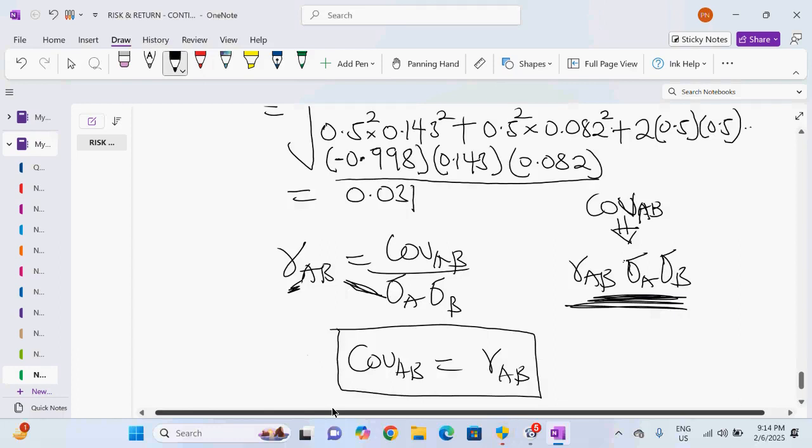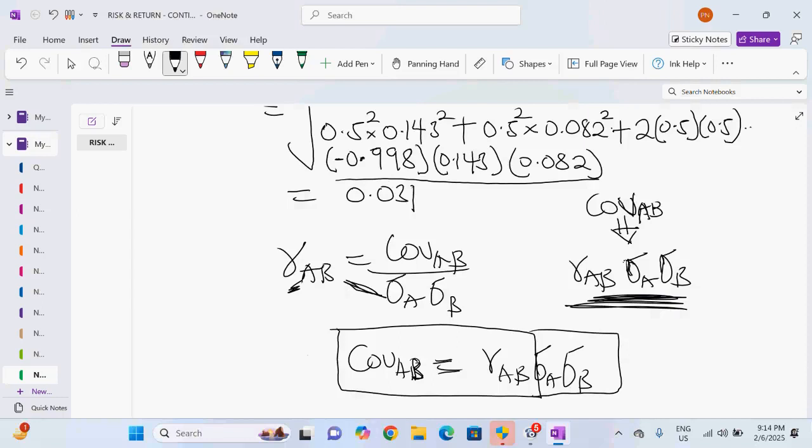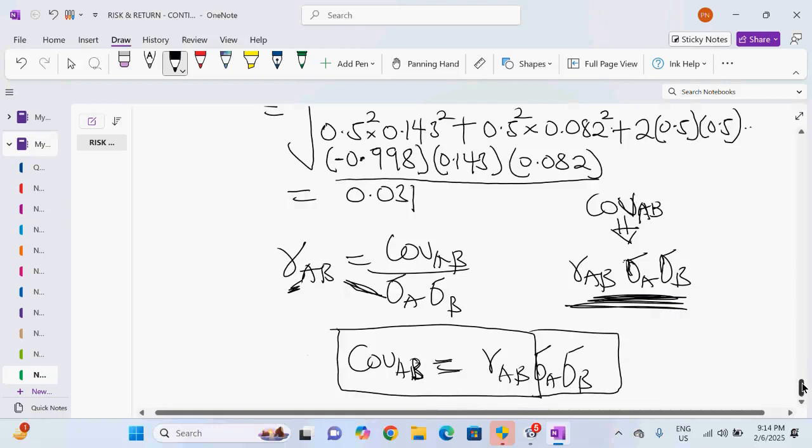It's rather the correlation multiplied by this standard deviation, and this is what is right. But I'm not sure you are talking about this, maybe a different thing. Okay, so you do your research and then confirm. Thank you.